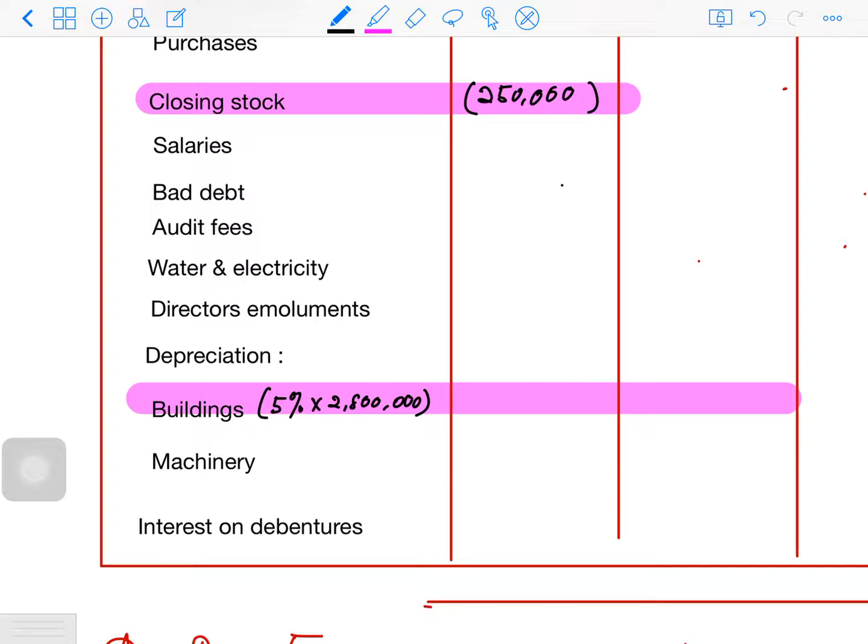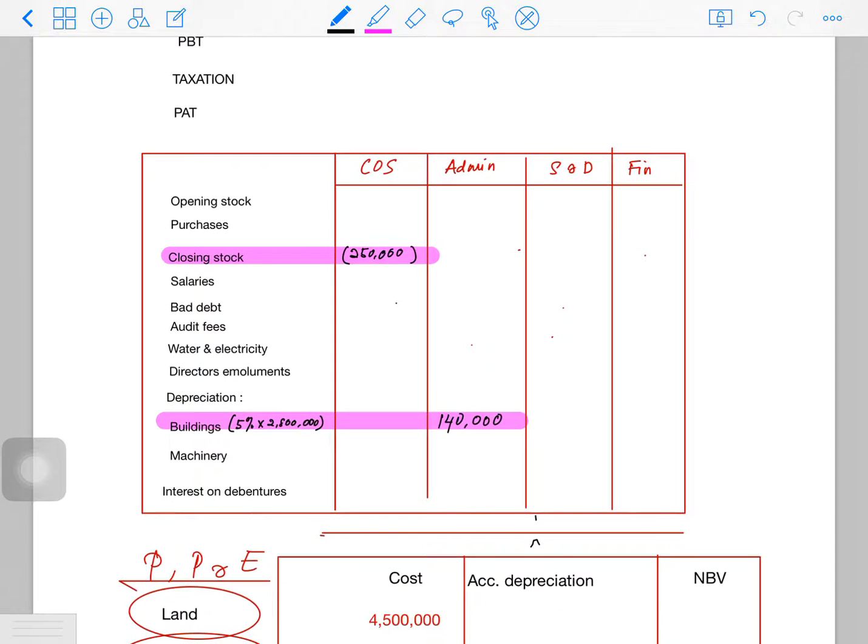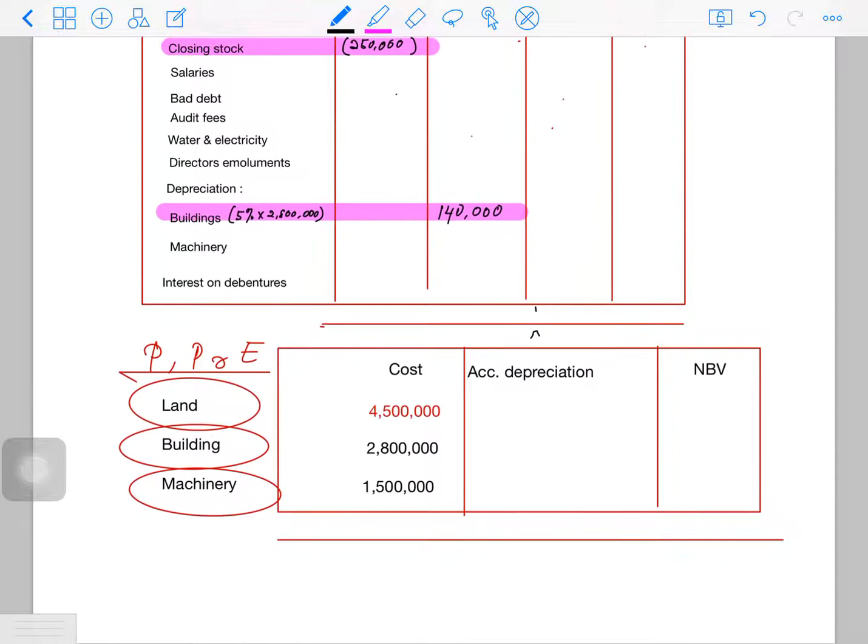You should get how much? Try to calculate. 5% is 140,000. So debit admin expense building, and credit accumulated depreciation.